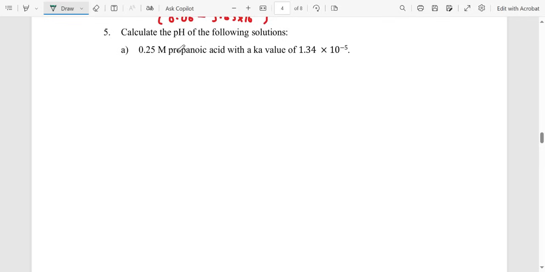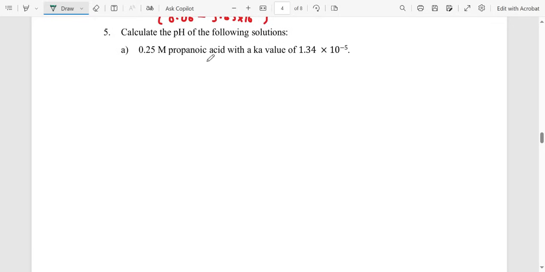Number 5 is saying calculate the pH of the following solutions. We have 0.25 molar propanoic acid with a Ka value of 1.36 times 10 to the power negative 5. Okay. Someone has a question? Now, propanoic acid, you don't even need to know the structure.